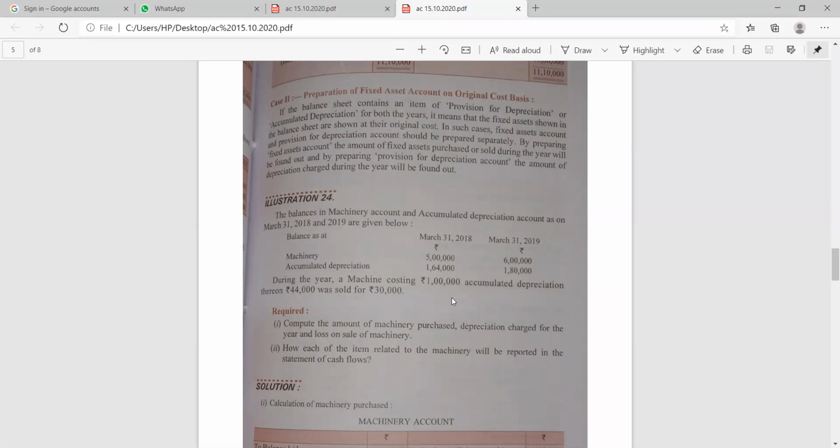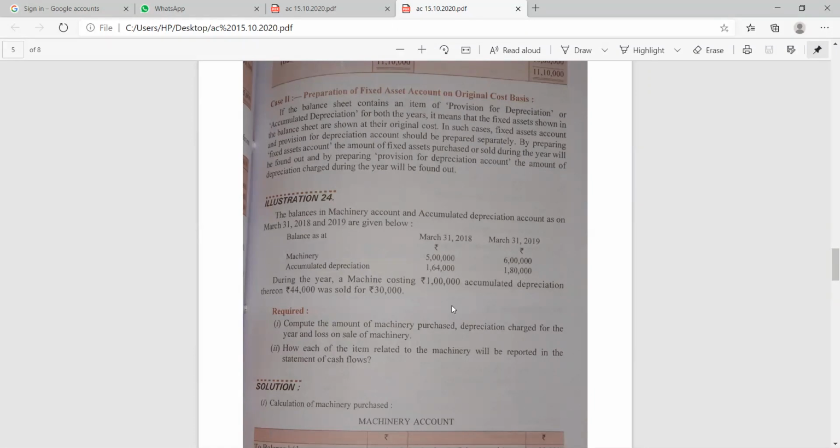The balances of machinery account and accumulated depreciation account as on 31st March 2018 and 2019 are given below. The opening balance of machinery is 5 lakh while the closing balance is 6 lakh. The accumulated depreciation account's opening balance is 1,64,000 while the closing balance is 1,80,000.